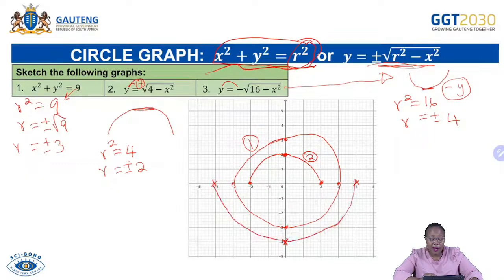So those are the graphs that we have. This is graph number 3. With this one, we will mark 1 for the shape, and then secondly for the correct radius throughout, and all your intercepts. So it can be worth 2 to 3 marks, depending on the examiner.